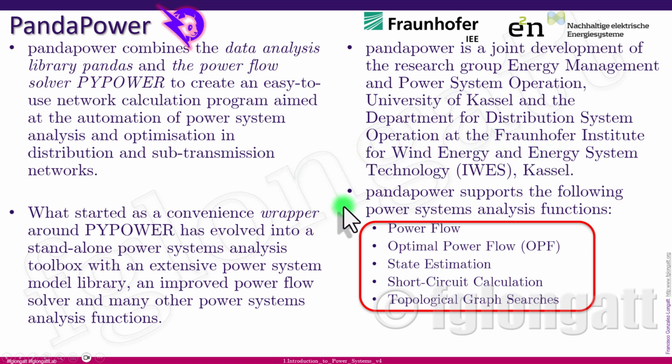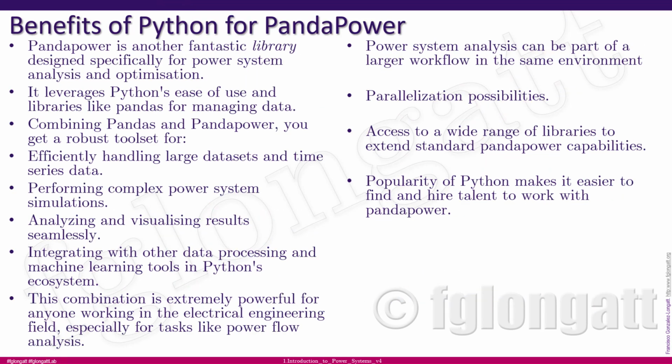So today, PandaPower has several power system analysis functions, including the classical power flow, optimal power flow, state estimation. And in recent time, we have included some very exciting functionalities like the short circuit calculation, but also topological graph searches.